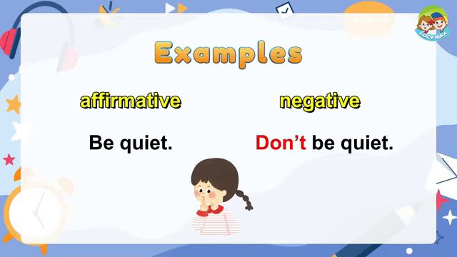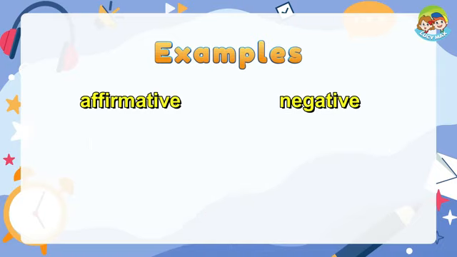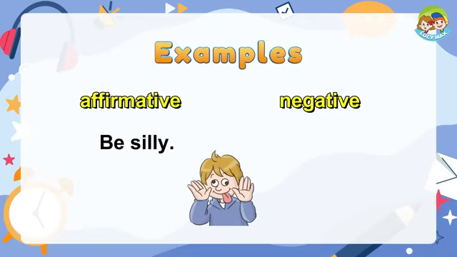You put don't before be. The next one says, be silly. The negative is, don't be silly.